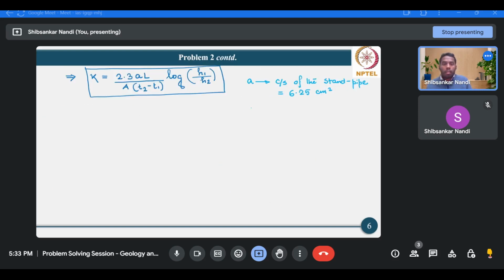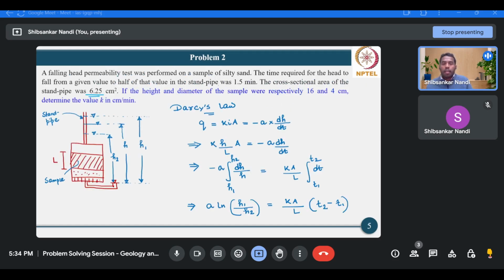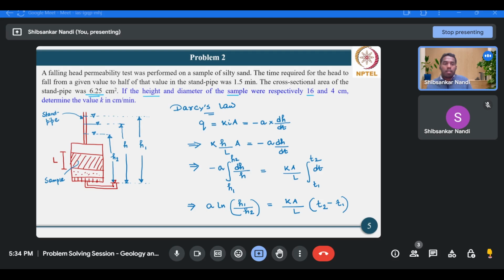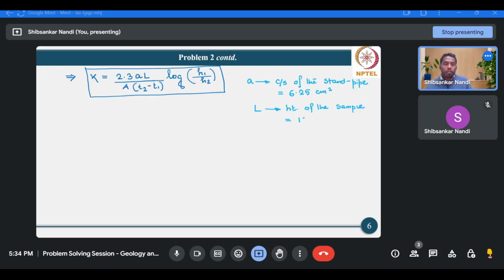Then capital L represents the length, or we can say the height of the sample, which is given as 16 centimeter. Then capital A is the cross-sectional area of the sample.